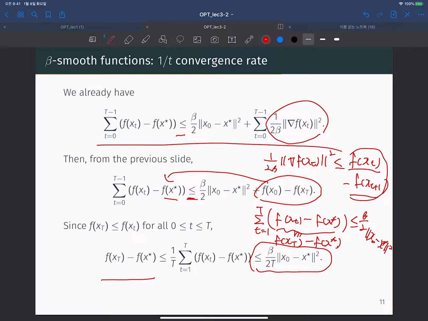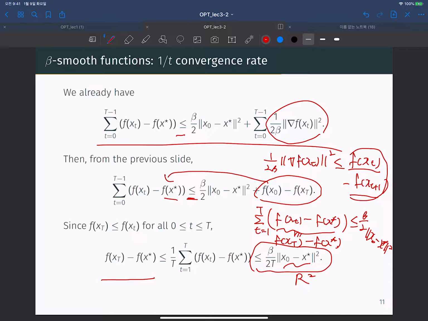Which means, when we say this is the radius square r squared, the objective function value after capital T iterations is less than or equal to beta over 2T times r squared.